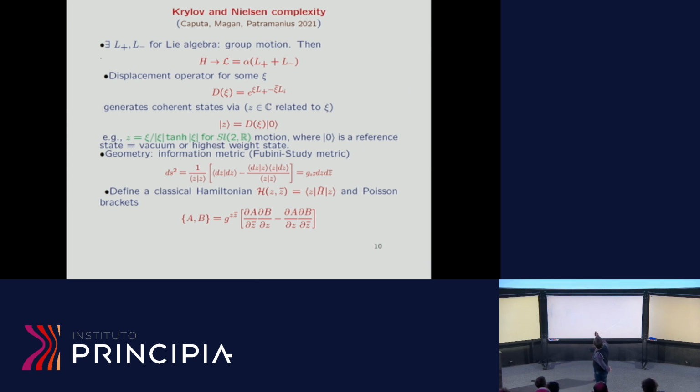Then with the displacement operator, the one that shifts a position, defined in this way.